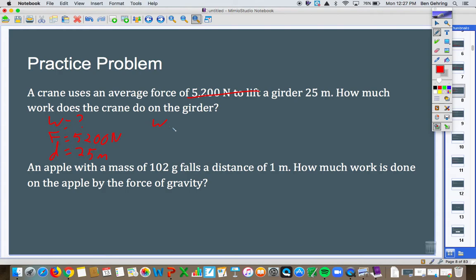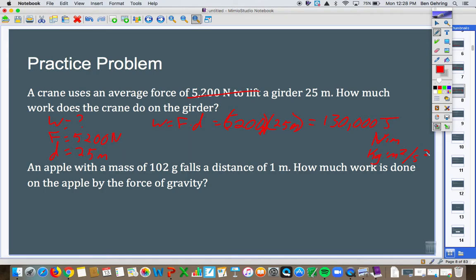So work equals force times distance, which is equal to 5,200 newtons times 25 meters, and you should come out to 130,000 joules, or newton meters, or kilograms times meters squared per second squared.